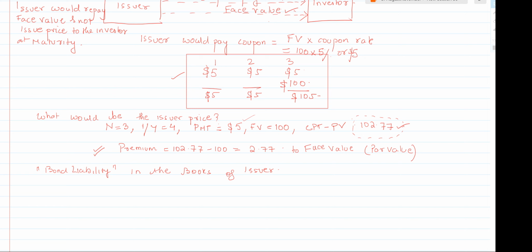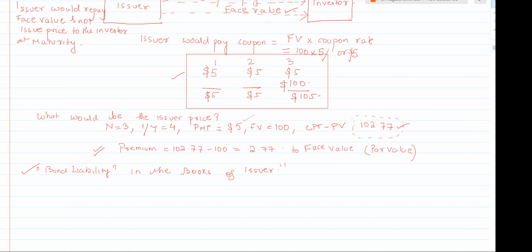Now, with this particular reading, we are basically understanding the accounting treatment for issuing bonds in the books of the issuer, right? So these bond proceeds that the issuer receives by issuing the bond would be booked as a bond liability in the books of the issuer, right?